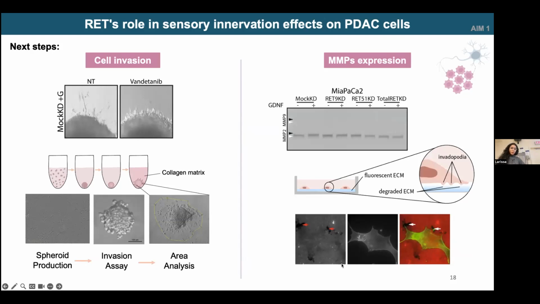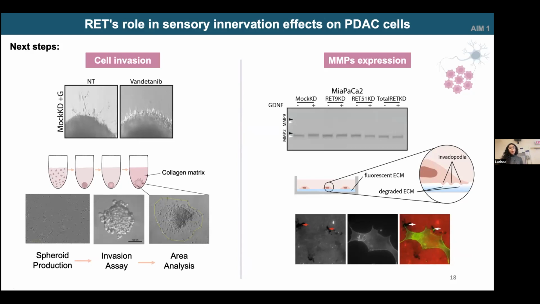Also expanding upon prior findings, where we observed that the invasion of PANC1 cell spheroids was inhibited under conditions of RAD inhibition, even in the presence of GDNF stimulation. We will investigate whether the effects seen with RAD activation by GDNF can be replicated with DRG conditioned media or artemin.